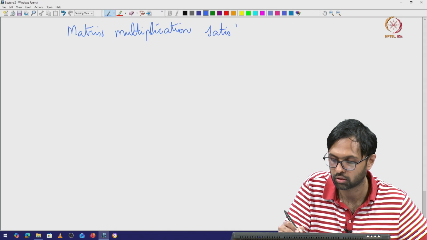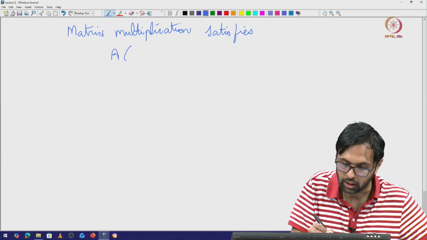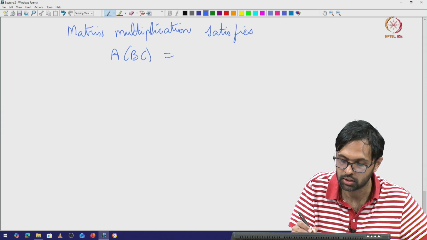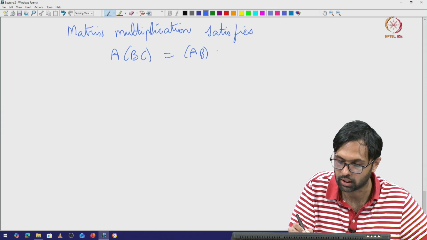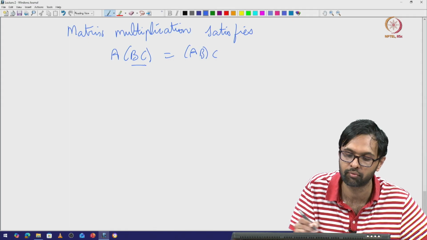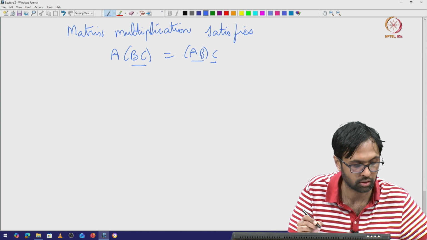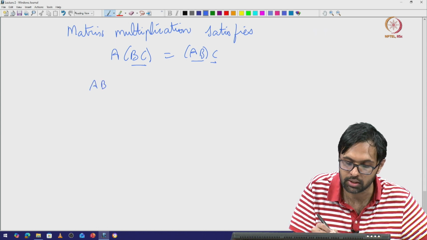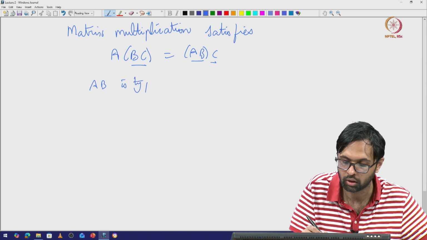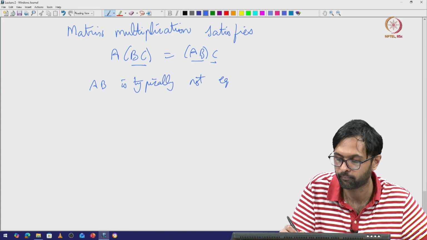A times BC is AB times C. That is, if you multiply BC first and then multiply with A on the left, that's the same as multiplying AB first and C on the right. Okay, AB is typically not equal to BA.